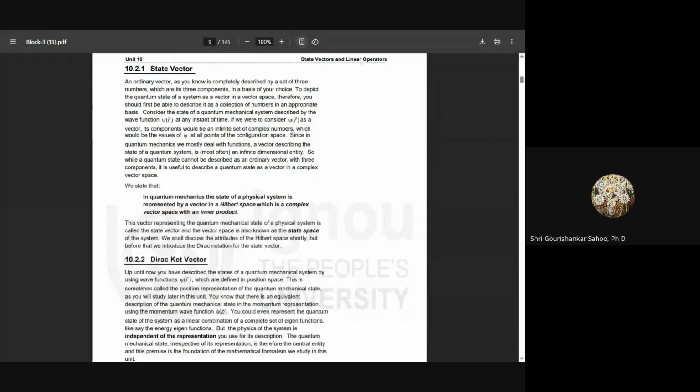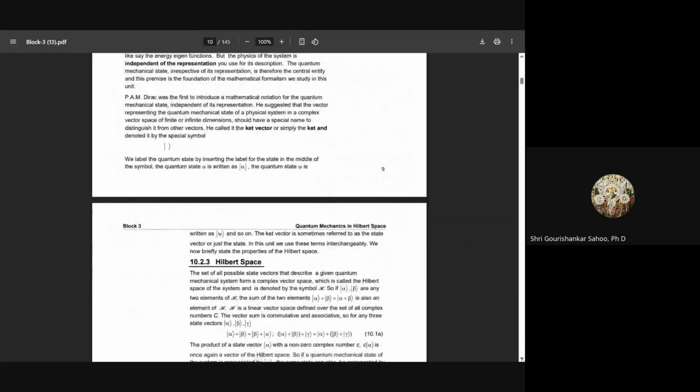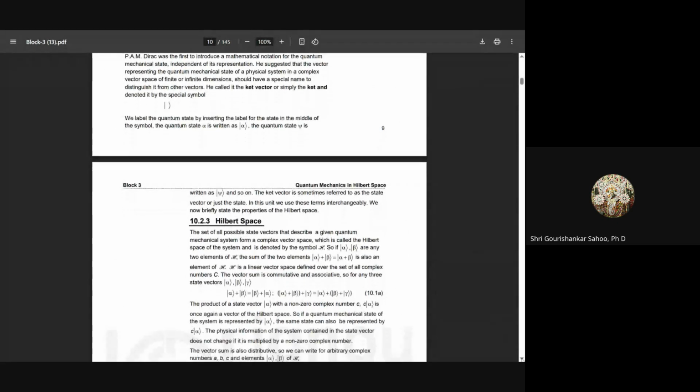So, earlier in this course, we have discussed how the state of a physical system is represented by a vector in a Hilbert space, which is a complex vector space with an inner product. We have discussed the Dirac ket vector. Then we have discussed the notation and the Dirac bra vector.